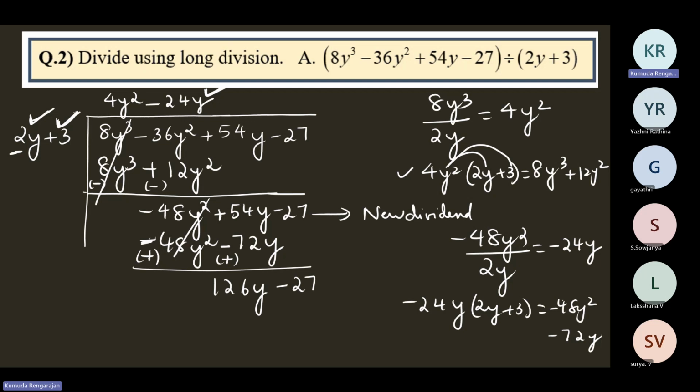So this is the new dividend again. The remainder we get in every stage is the new dividend. The remainder along with the terms that come down, so that entire expression is the new dividend.